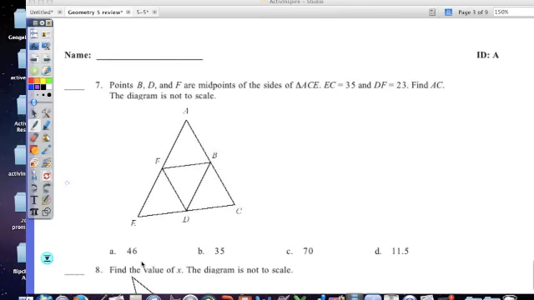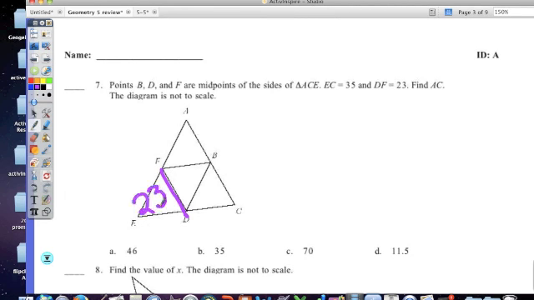Alright, for number 7, we have to find what AC equals, and it says it's not to scale. But we know that side EC equals 35 degrees, and DF equals 23 degrees.